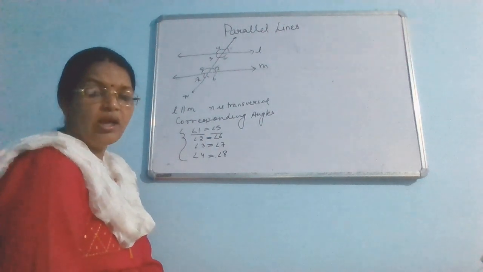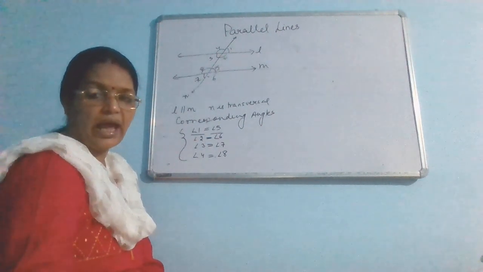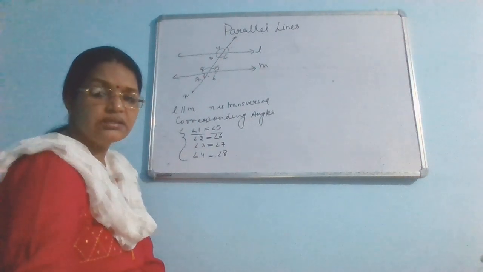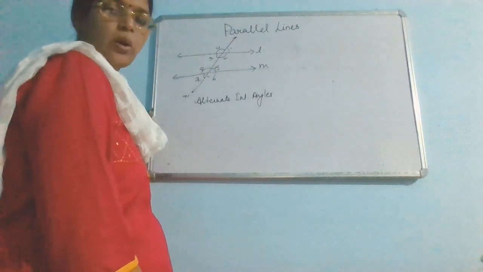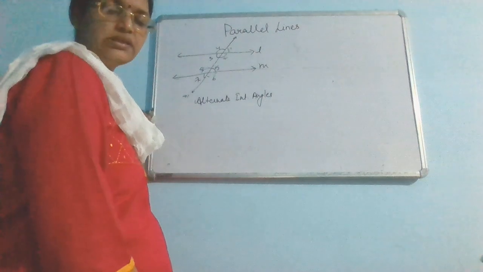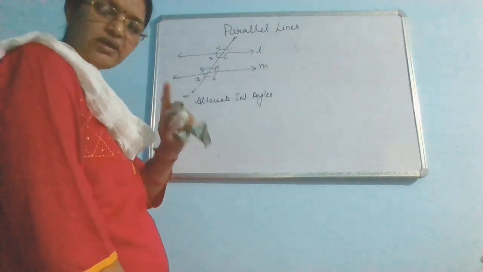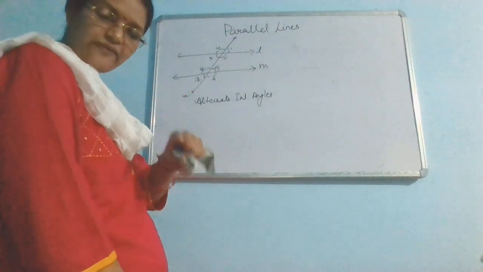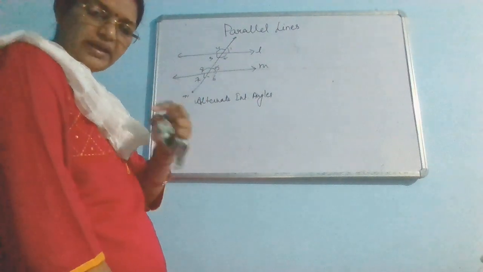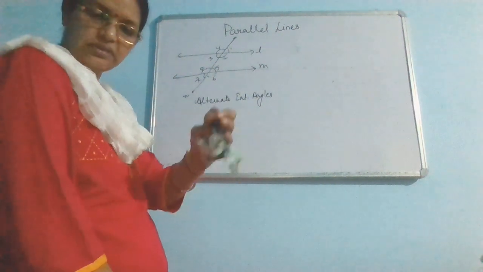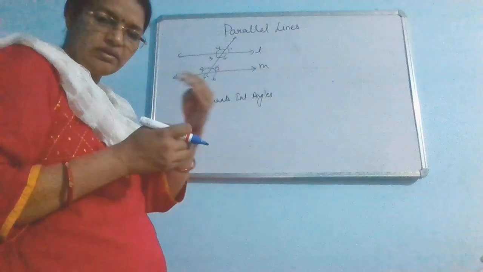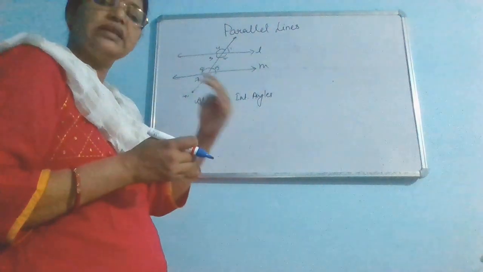Now come to the other part, which is known as alternate interior angles. When we say alternate, it means you take one, then leave one, and then take the next, like odd terms or even terms, leaving one in between.